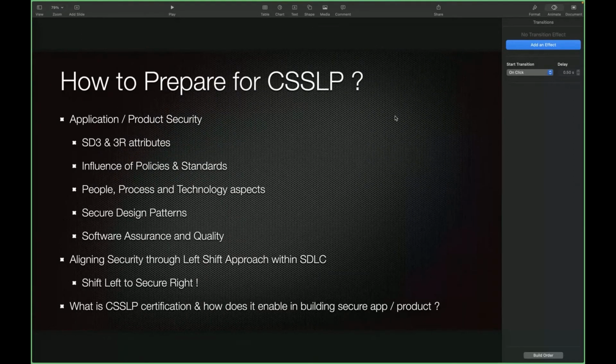So going back to the similar example of the mobile banking application, what does it need to protect? It needs to protect your banking information, like your login information, your username and password, which is all about confidentiality aspects.